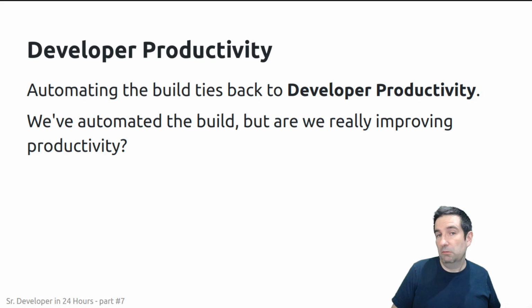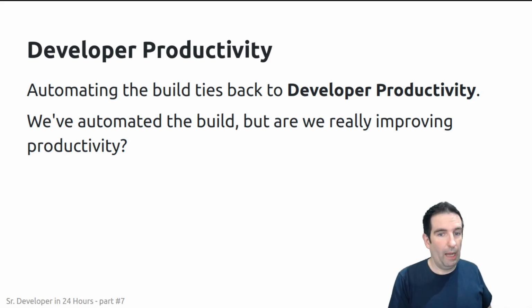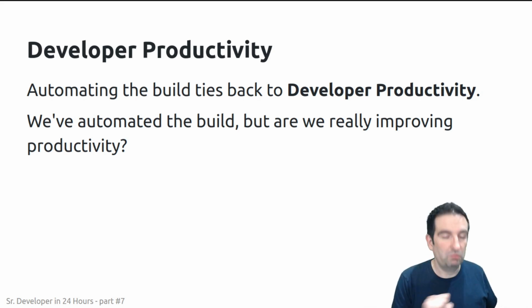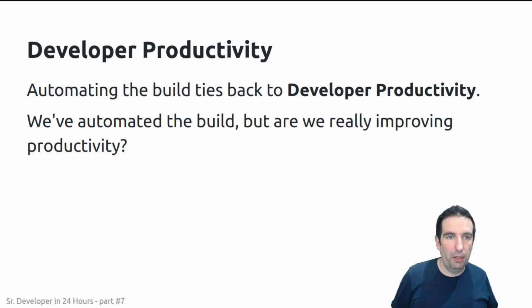So, now that we've actually automated the build, did we really improve the productivity of our team, of the peer developers that we're working with? That is the question that we have to ask ourselves.